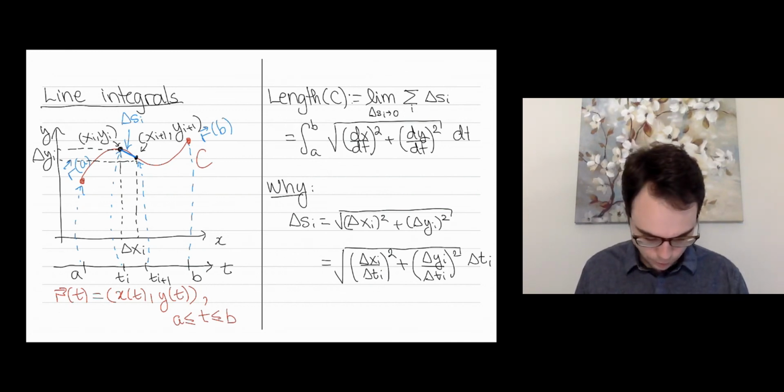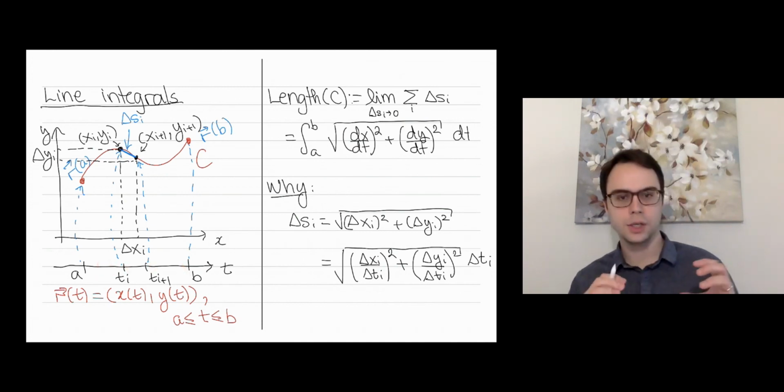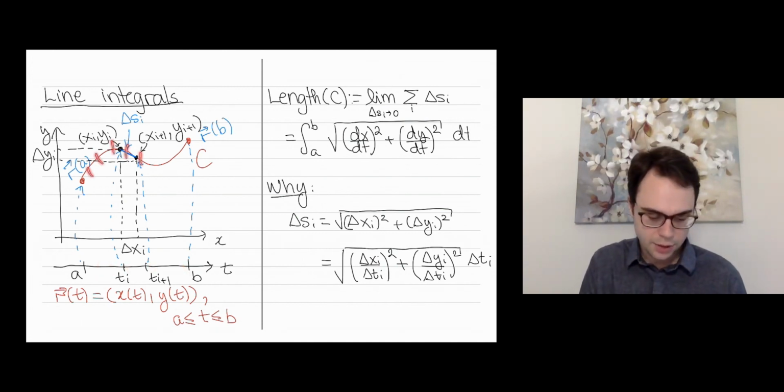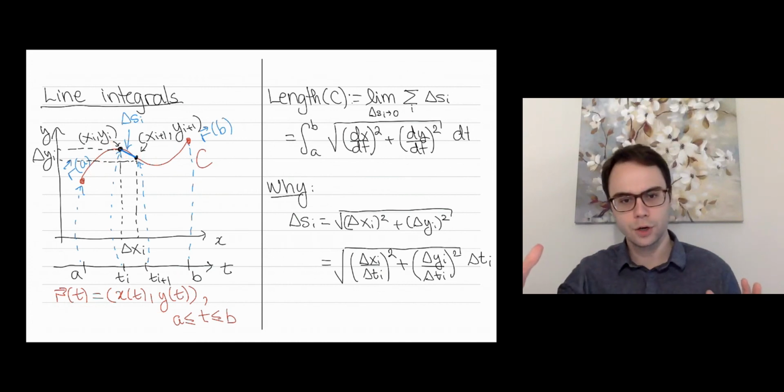So once I have a partition of this interval AB, that's going to give me, by using the parameterization, a partition of the curve.